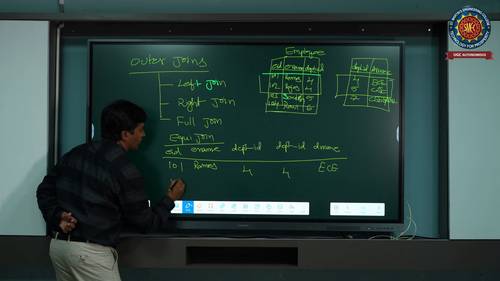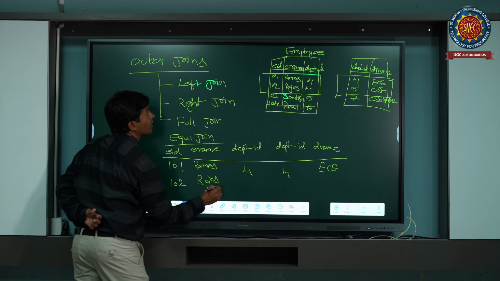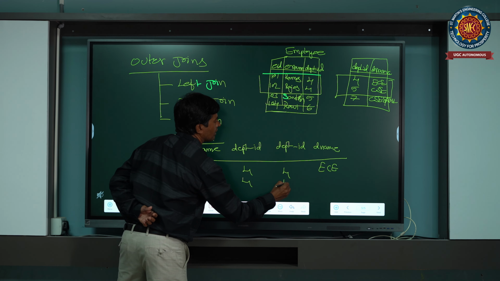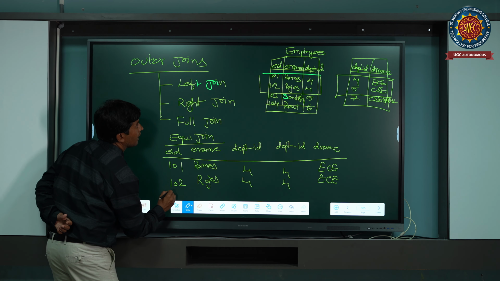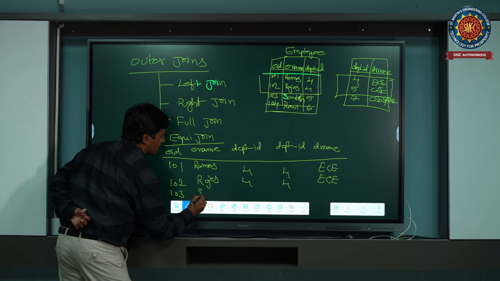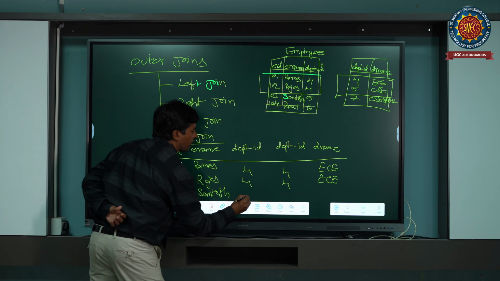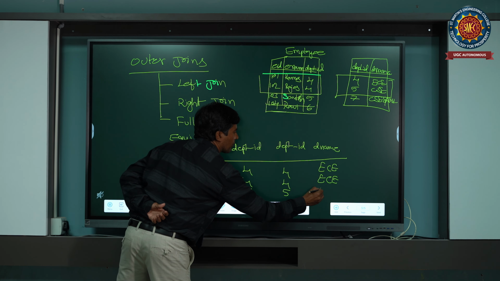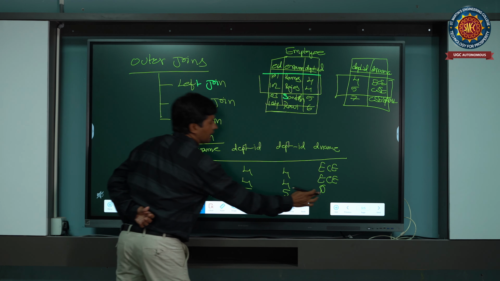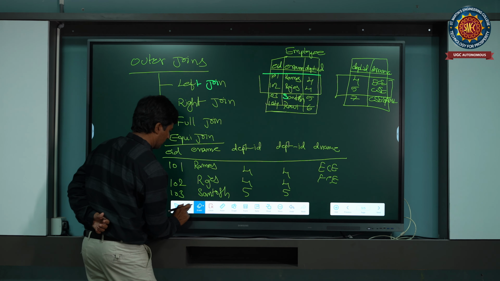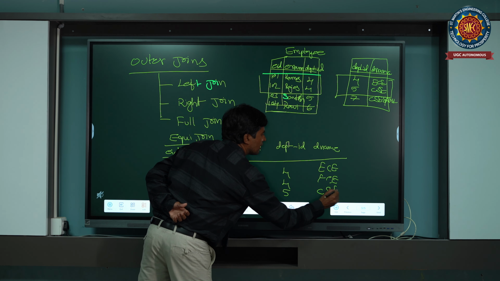Next, 102, Rajesh, 4, ECE. Then 103, Santosh, 5, CSE department.